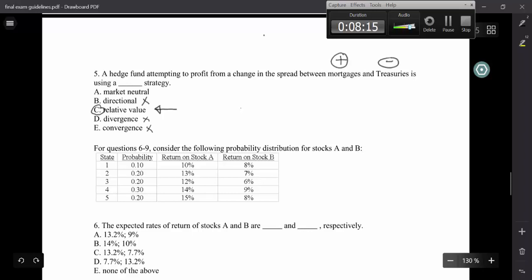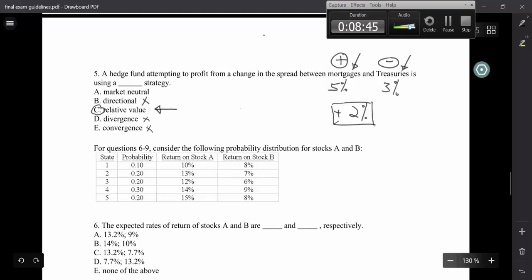So if mortgages were yielding 5%, and treasuries were yielding 3%, then by short selling treasuries and buying mortgages, you end up with a net positive carry of 2%.